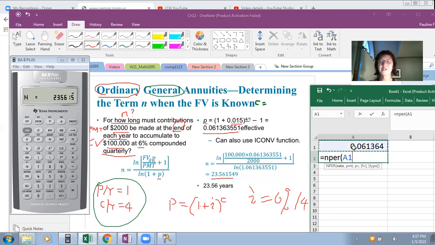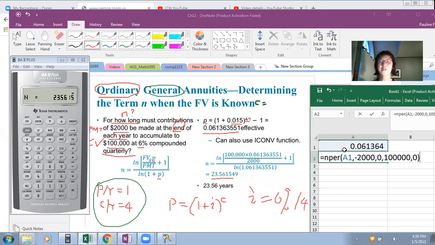And once you have a P, you use NPER function to calculate term N. Rate is this one, P. PMT, negative 2000, comma, PV, 0. FV, 100,000, type, 0.